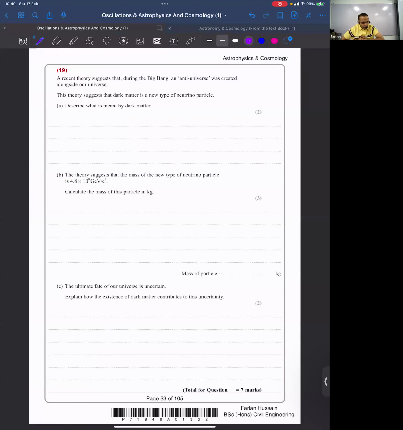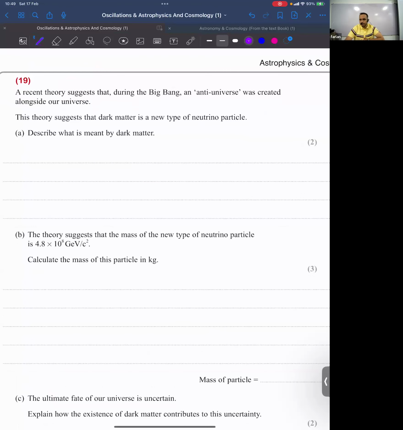Right. Guys, question page 33. Page 33, question 90. Short note.